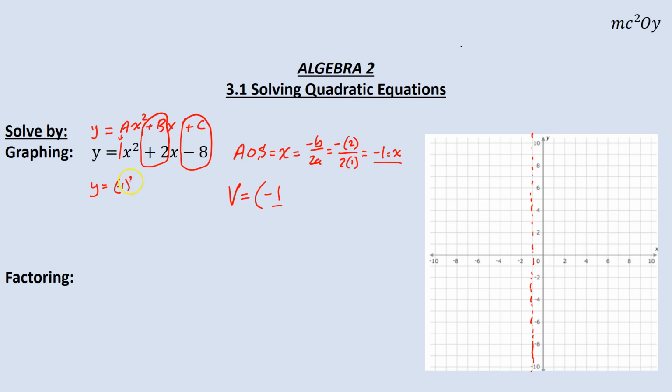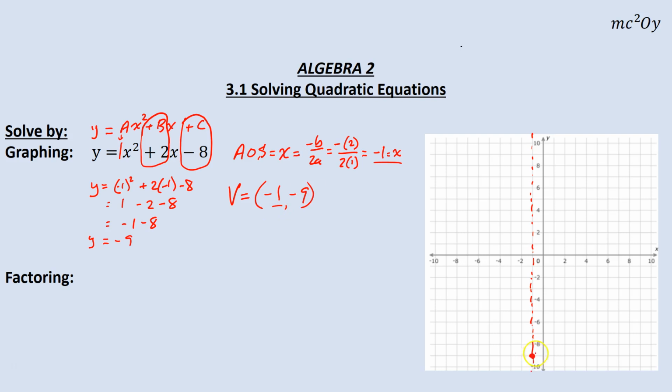So I get -1 squared plus 2 times -1 minus 8, or 1 minus 2 minus 8, or -1 minus 8, which is -9. So I could graph this and plot my -1, -9.